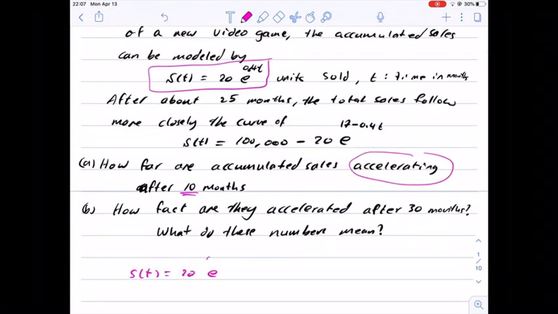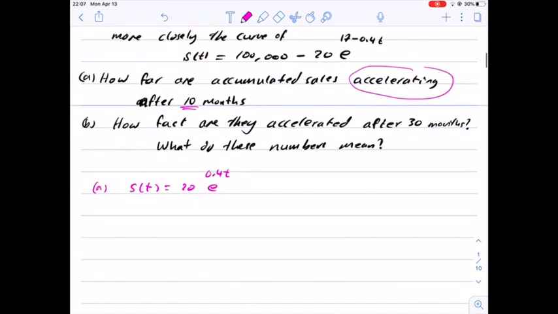So s of t is 20e to the 0.4t, and we want to find the acceleration at time 10, a of 10.